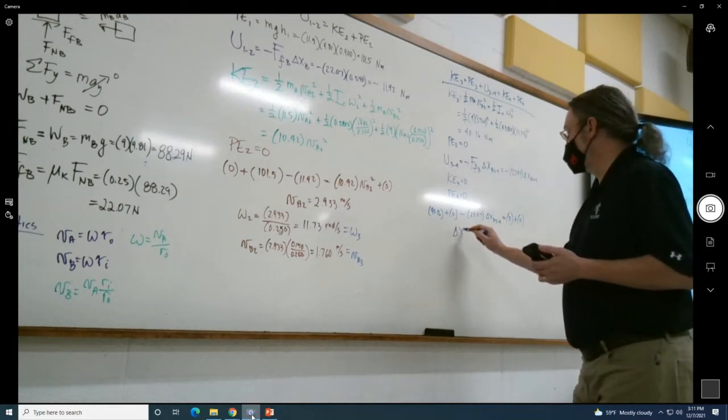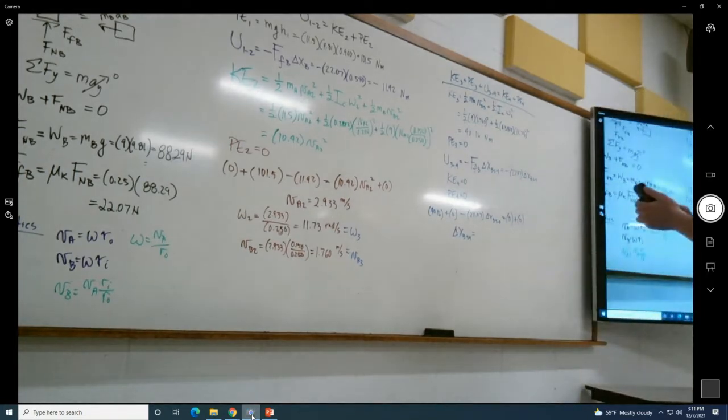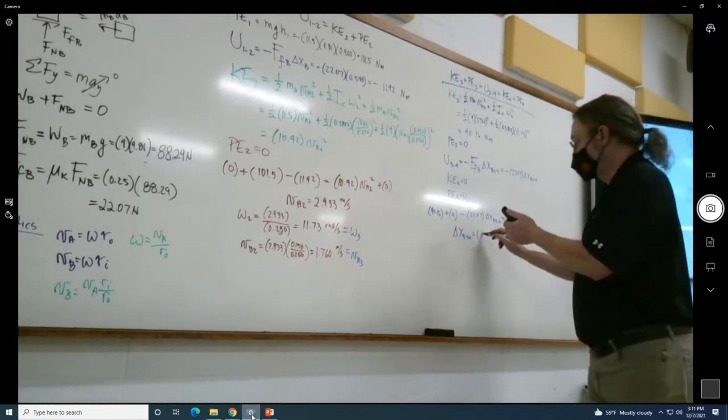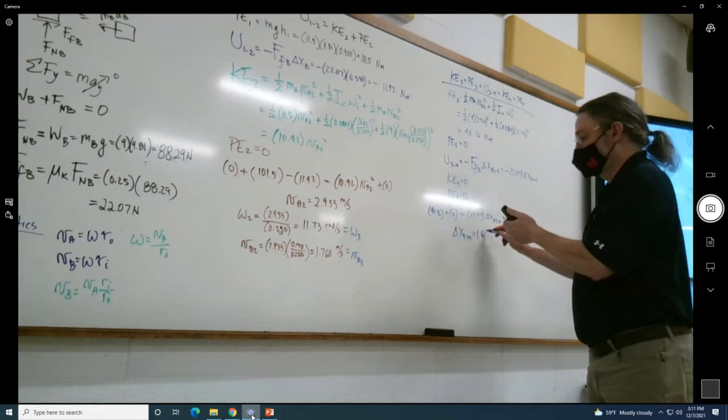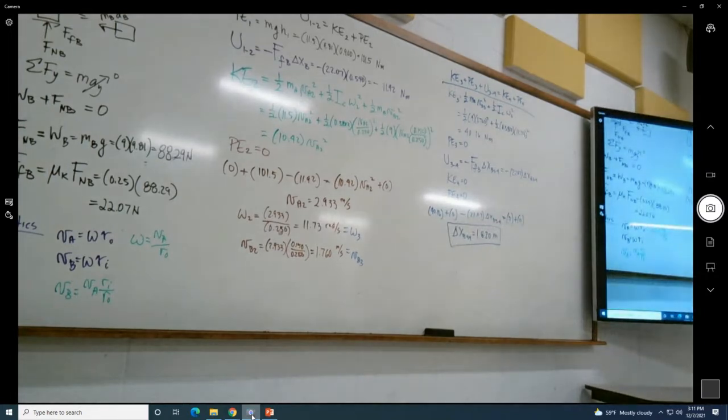So our delta x B, 3 to 4, means he's going to keep on sliding 1.820 meters. And that would be the kind of problem where we show 2 stages.